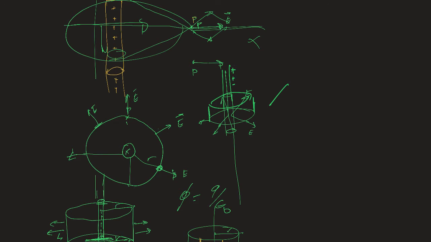And you can imagine that at any point of the surface, the electrical field will go radially out. So you can say that through the surface, the magnitude of the electrical field will be the same because the points are at the same distance from the axis, the line of charge.